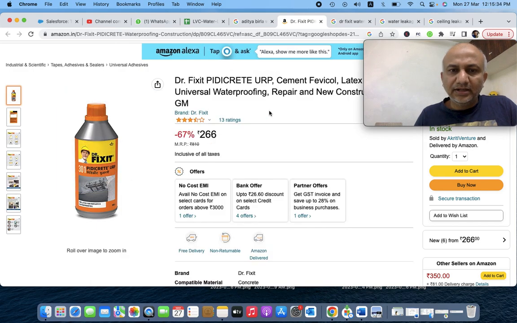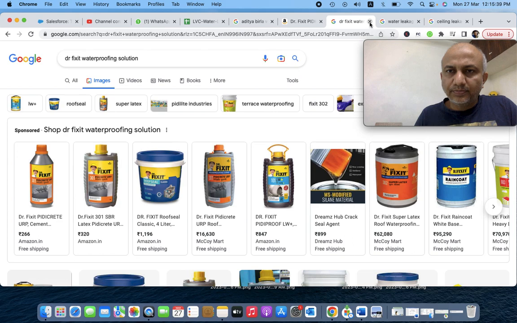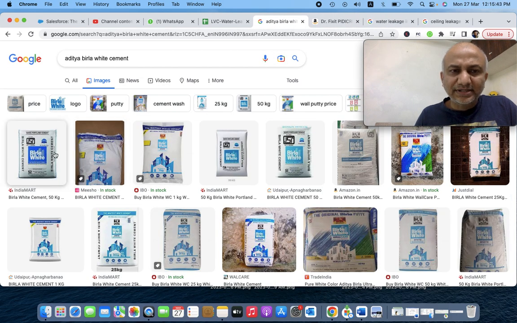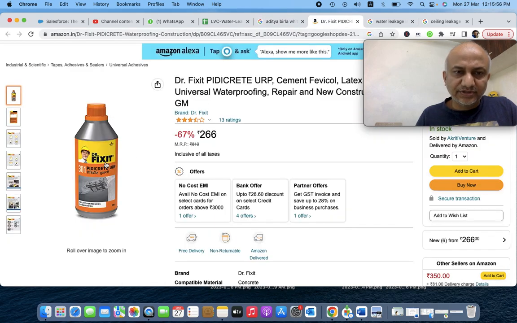Then use this solution along with Aditya Birla white cement. Get a white cement like this and take a utensil, and mix, don't use water, with this white cement you mix the Dr. Fix-It bottle.